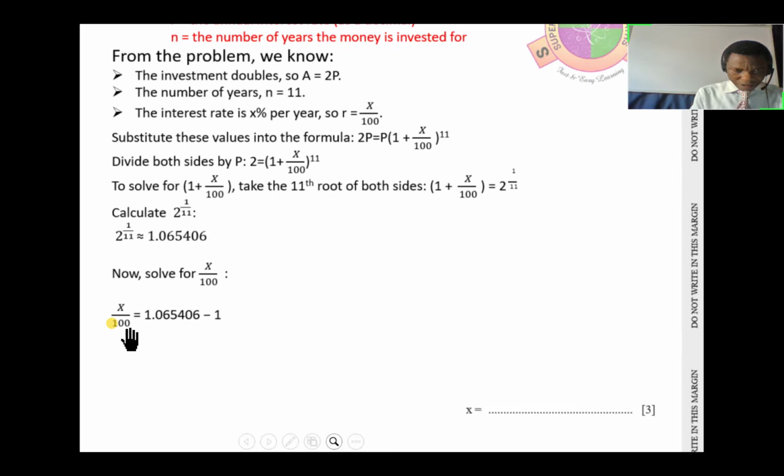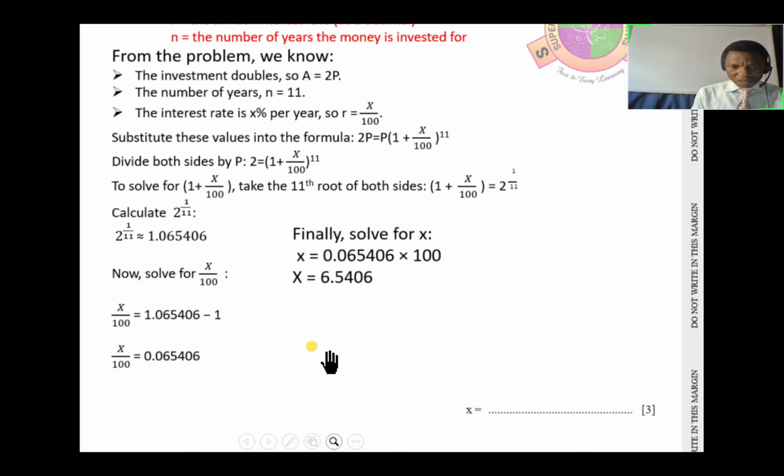That means x over 100 is equal to 1.065406 minus 1. Make x over 100 the subject of the formula: the plus sign, on moving to the other side, becomes minus. So we have x over 100 equal to this, so multiply both sides by 100.